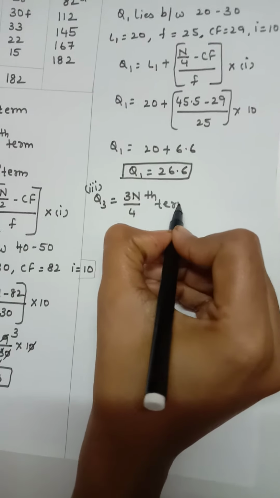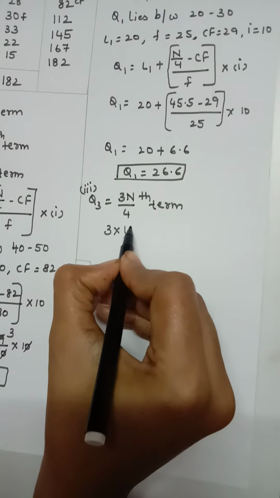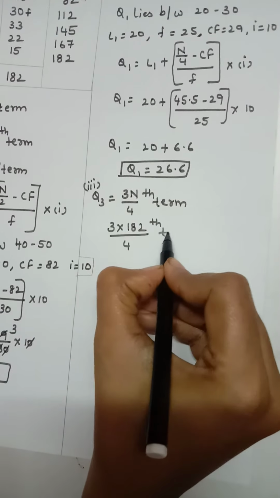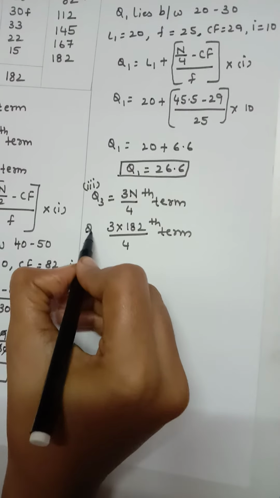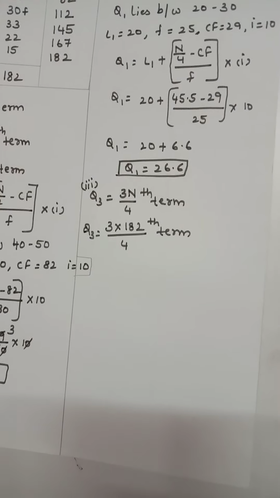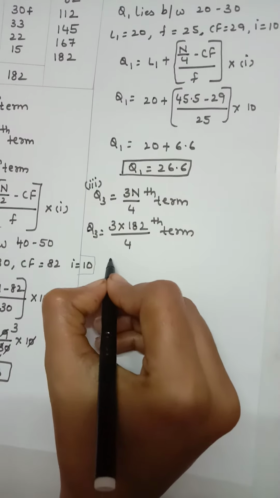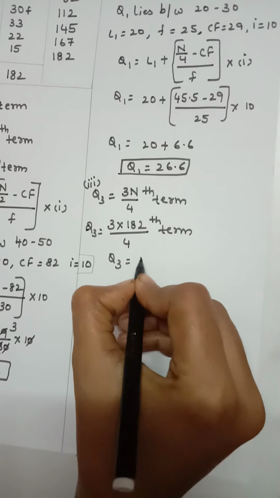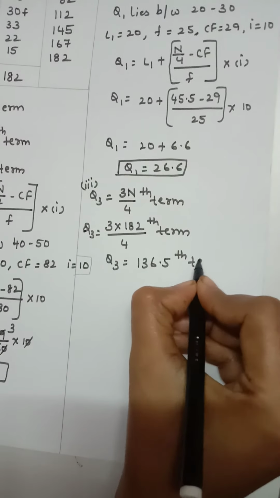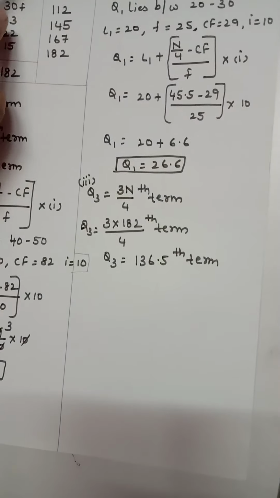So 3 into 182 divided by 4, Q3 is equal to 182 into 3 divided by 4, and the value is 136.5th term. We check in the cumulative frequency where 136.5 lies.